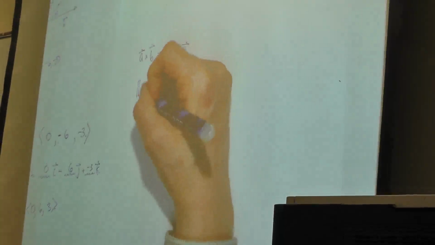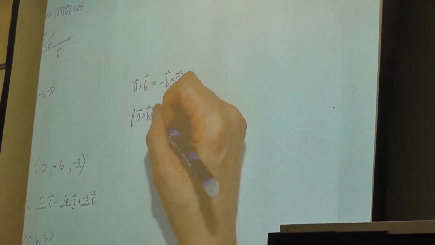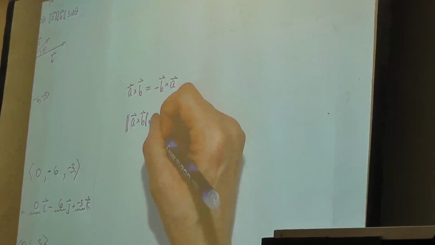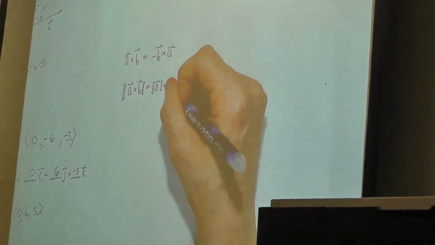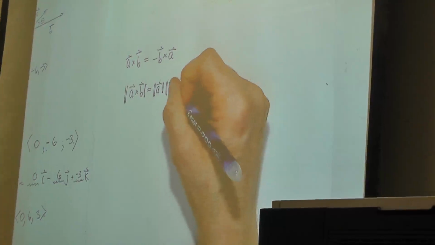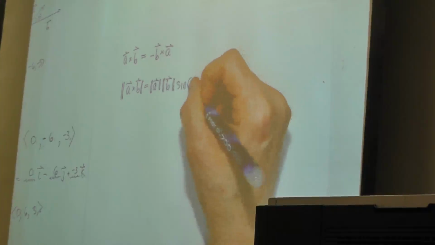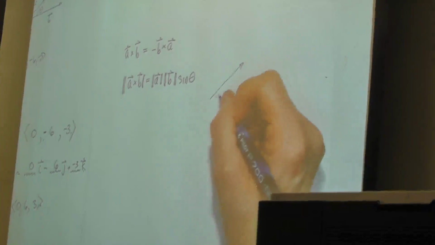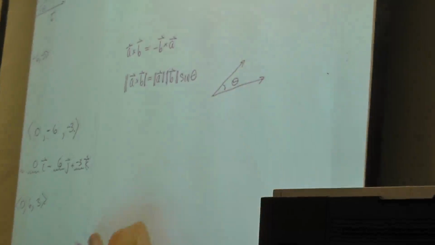The magnitude of A cross B is the magnitude of A, magnitude of B, times sine of the angle between these when I put A and B tail to tail.